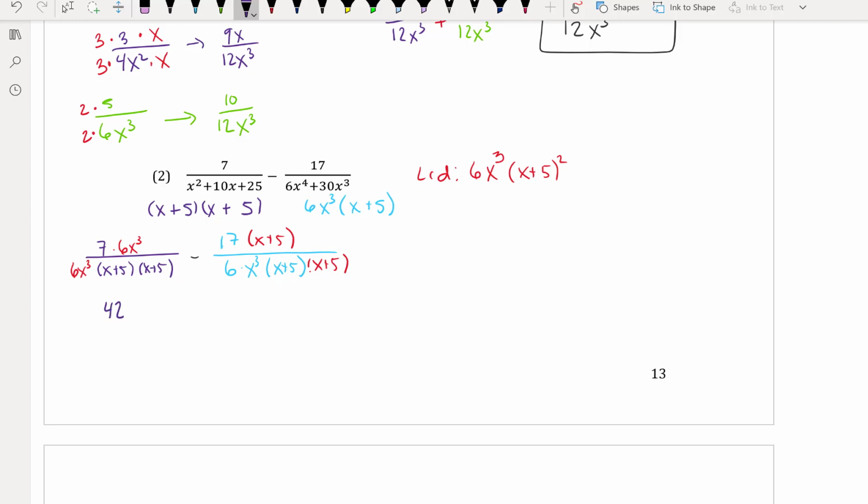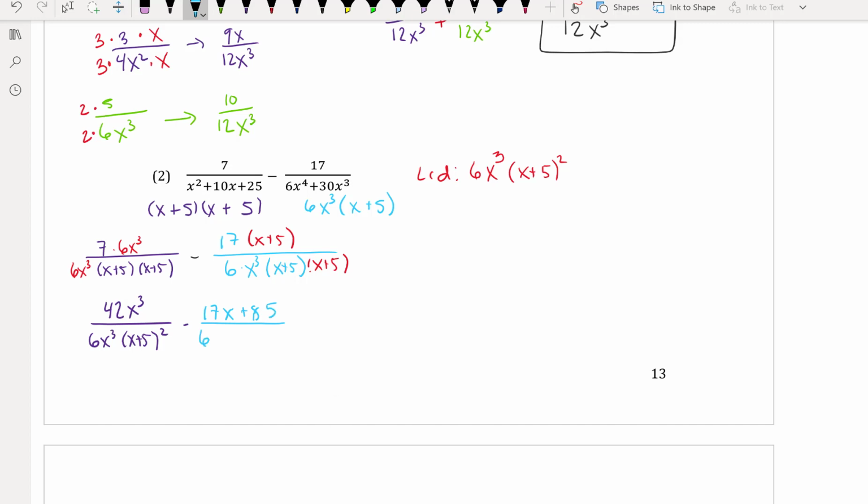So now I have 42x cubed over 6x cubed times x plus 5 squared minus, and over here I'm going to have to distribute. So it's 17x, and 17 times 5 is going to be 85, plus 85.